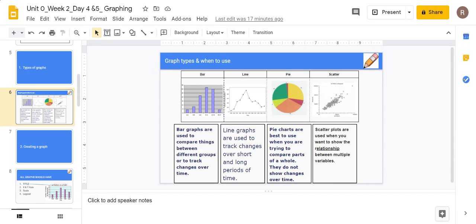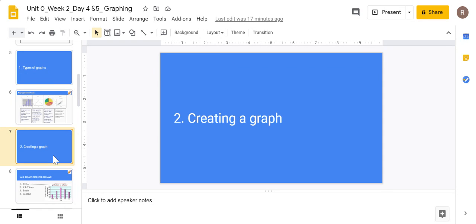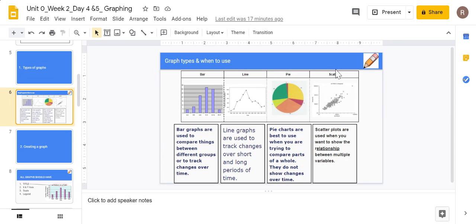So I'm not going to go into too much detail with the scatter plot. But again, we're just showing a relationship between multiple variables. And with a scatter plot, you're looking at trends. There's a lot of dots here. We would look at an overall trend through the center of that scatter plot.